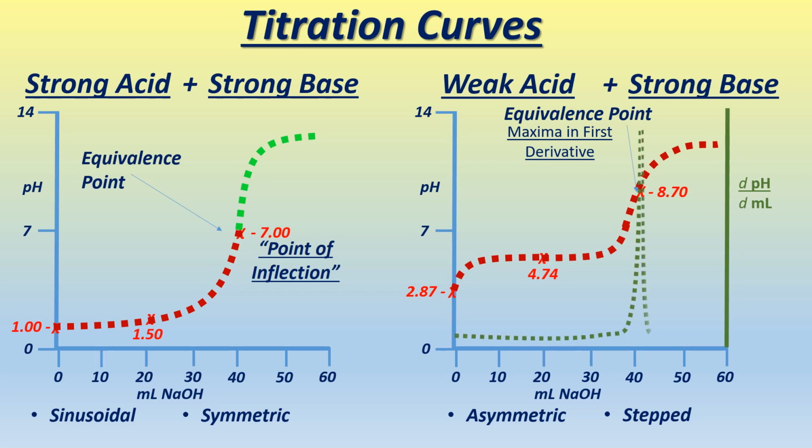That means it is a maxima in the first derivative. So for a weak acid and a strong base, one needs a secondary y-axis where one measures the change in pH with the change in volume. This will be a relatively flat curve until you reach a spike. That spike, or that maxima, is the point of inflection in the curve, and it's also the equivalence point.